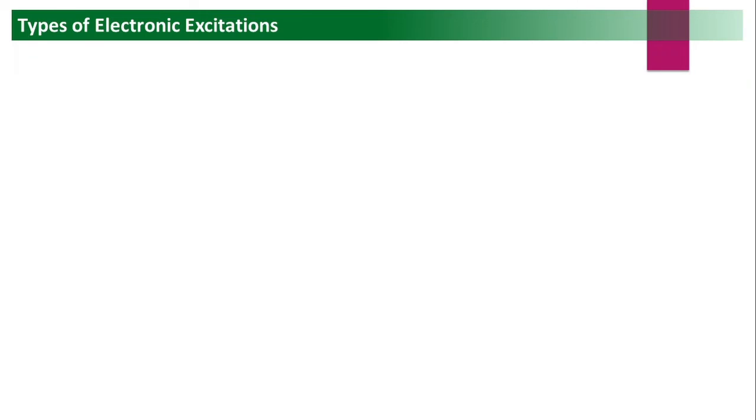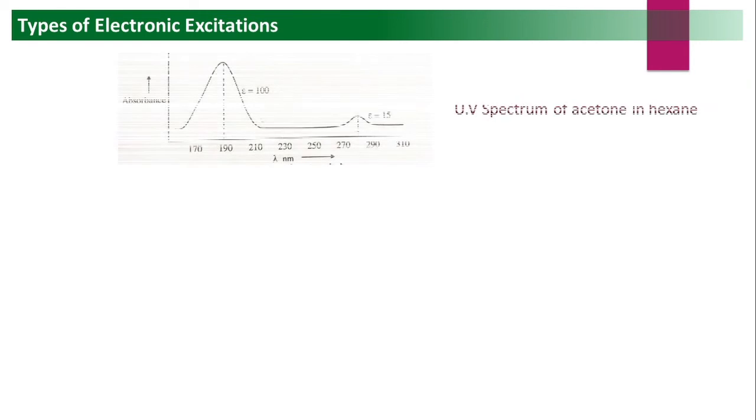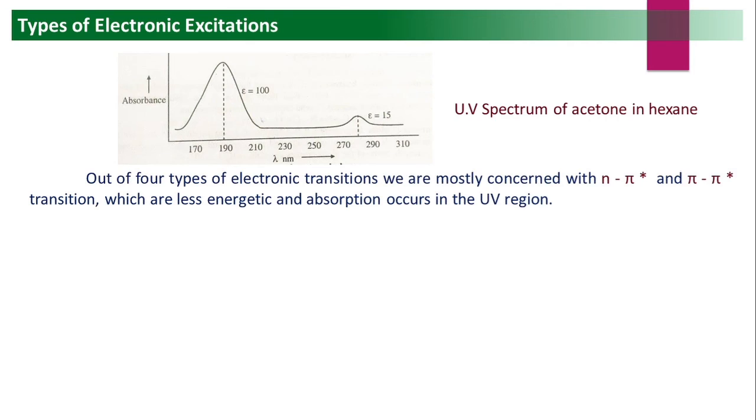Now we will see the types of electronic excitations. Suppose this is the carbonyl absorption spectrum, that is, the UV spectrum of acetone in hexane. It shows two types of absorption: one peak is because of pi to pi star transition, and the second is because of n to pi star transition.